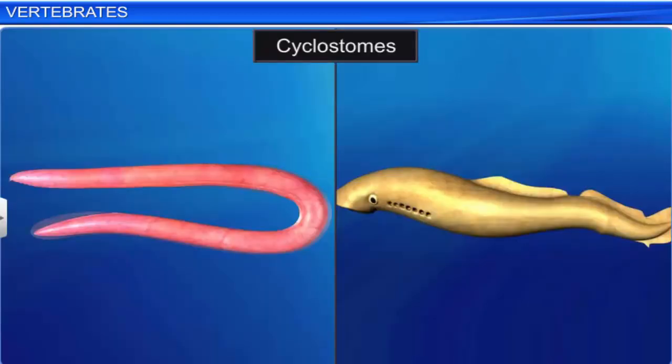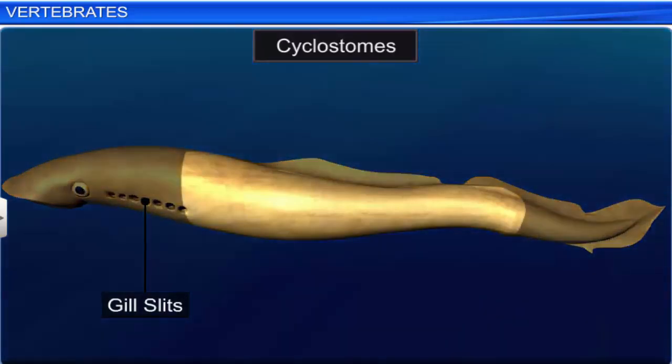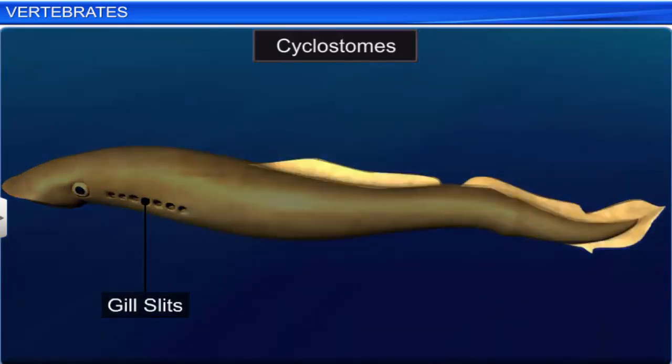These jawless vertebrates live in a marine habitat and are ectoparasites on some fish. Cyclostomes have an elongated body with 6 to 15 pairs of gill slits for respiration. However, their body is devoid of scales and paired fins.